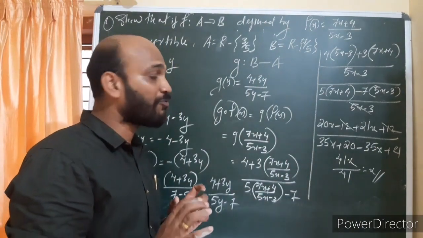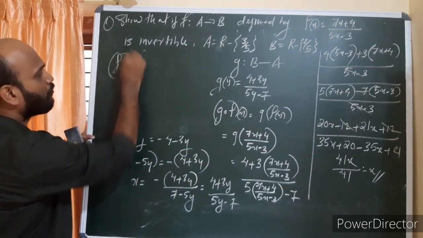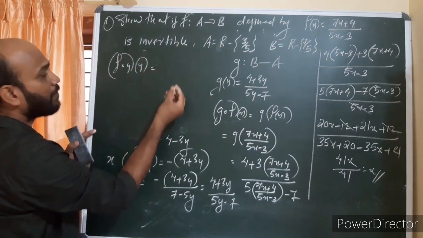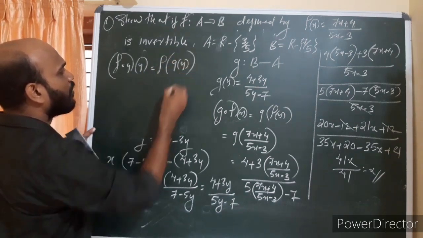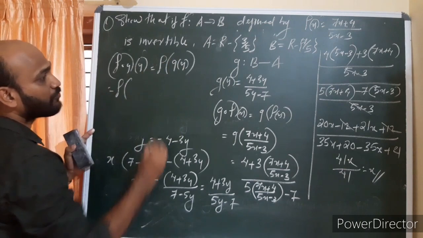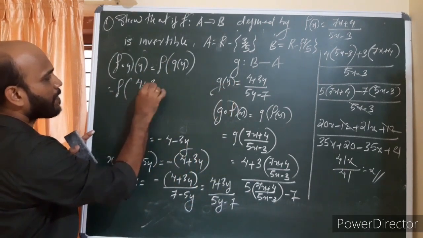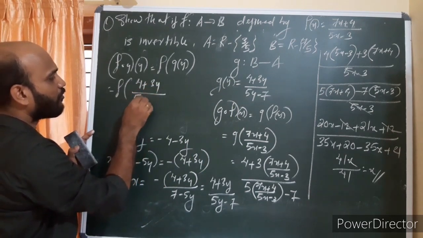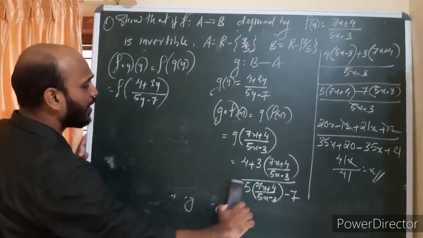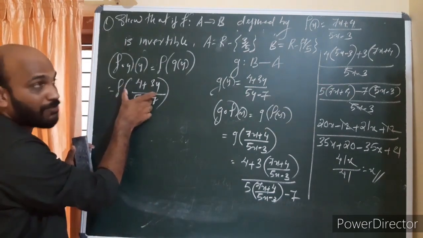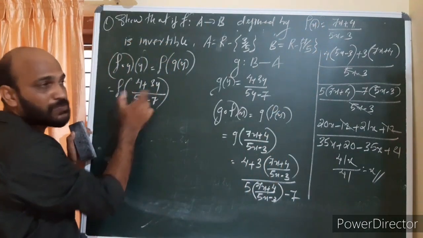Now you have to show that f of g of y equal to y. f of g of y. By definition, this is equal to f of g of y. g of y means (4 + 3y)/(5y - 7). This value you have to substitute in f of x. f of x means, this is the formula. In place of x, you have to substitute this value.